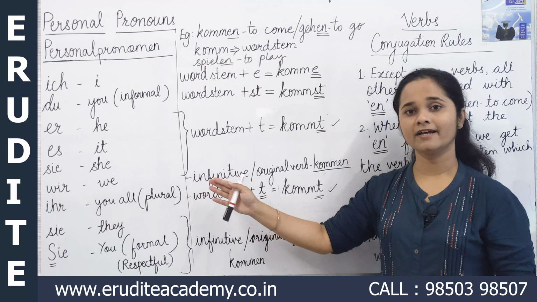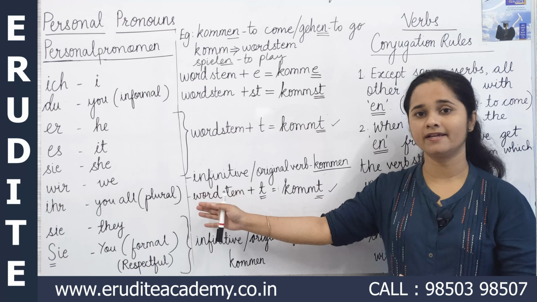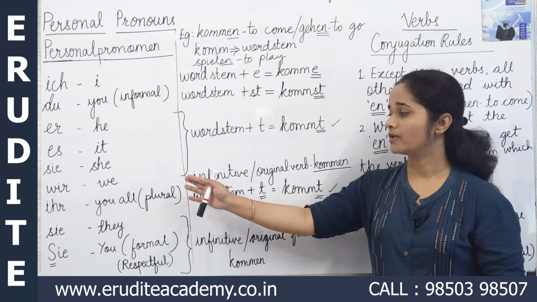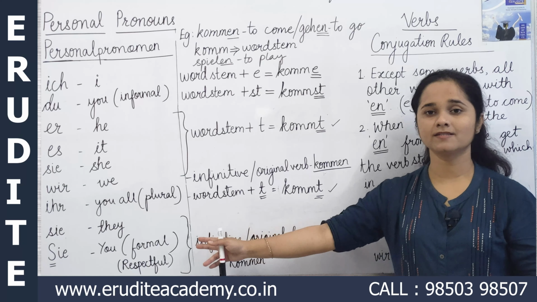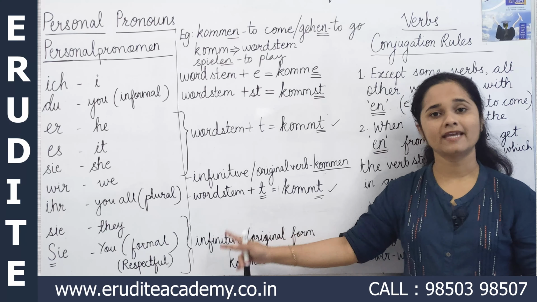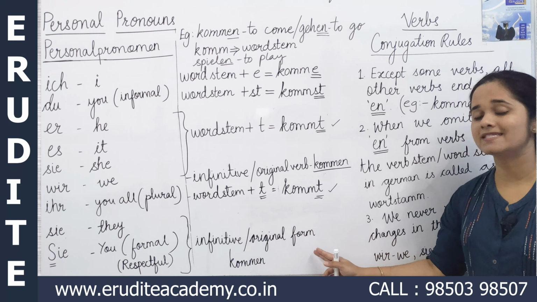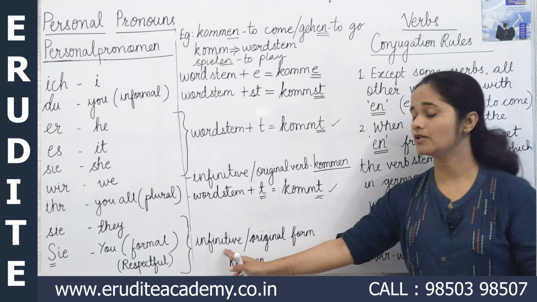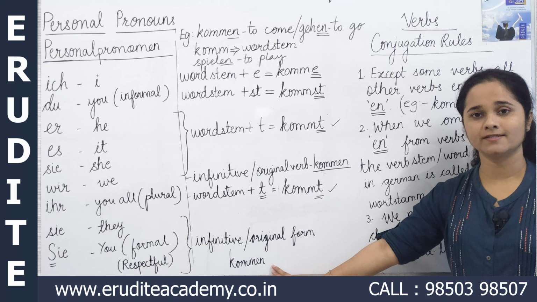Ihr, again I-H-R, but IH is supposed to be pronounced and R is silent, so it's ihr. So ihr kommt. Sie and sie, that is the they form and the Sie form, can be written together putting a slash because they have the same conjugation, which is writing the infinitive or the original form of the verb as it is.